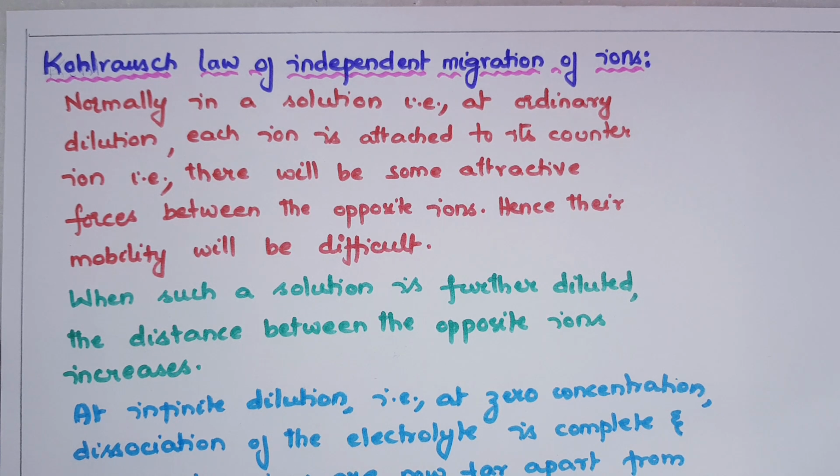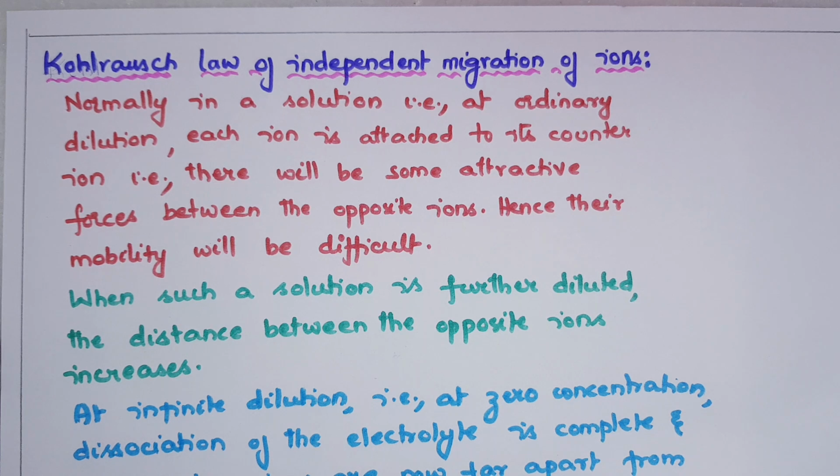Prior to this, you all know that when we add some water to an electrolyte, that means in a solution, it dissociates into positive and negative ions, right? That you all know. Now, what will be the situation of these ions? Each ion will be attached to its counter ion.